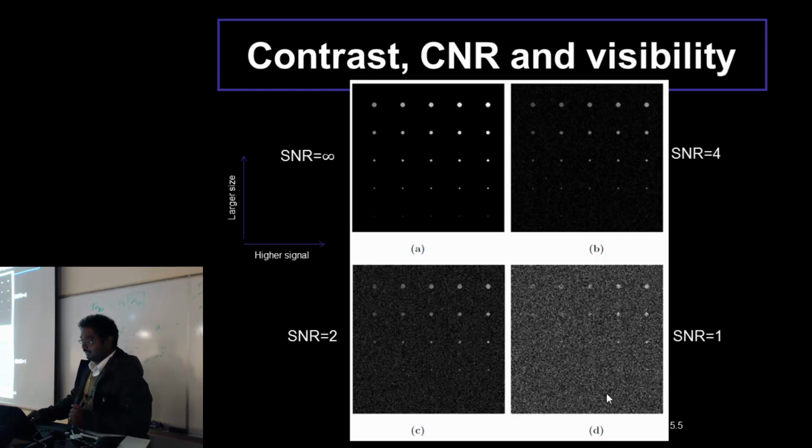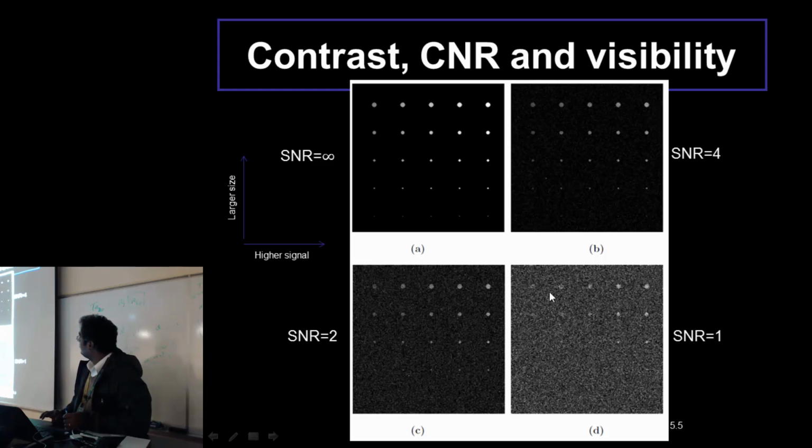This is taken from the textbook again. So you're plotting circles of different intensities as we go along the diagonal, so lower intensity in one direction and higher intensity in the other, and the size is opposite, going down this way.